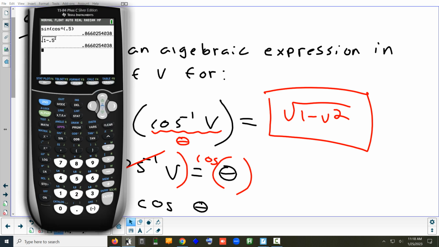Let's try another one. Let's pick a different number, like 0.2. That's the sine of the inverse cosine of 0.2. Now plug 0.2 into our formula. Square root of 1 minus 0.2 squared. Same thing.